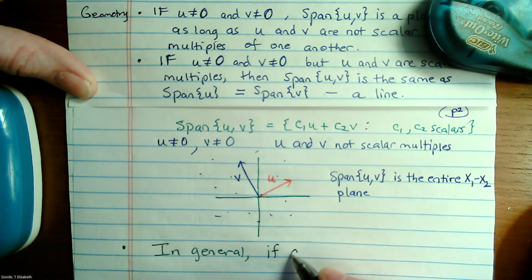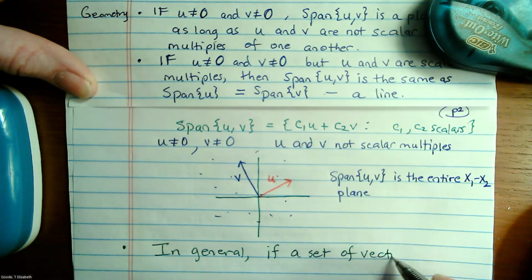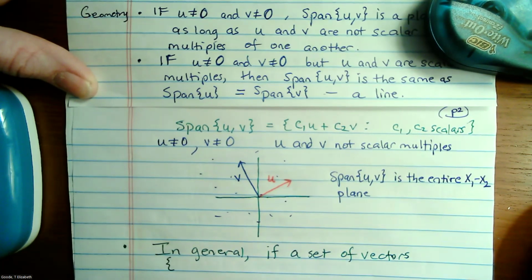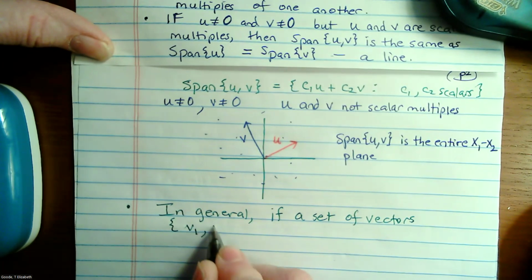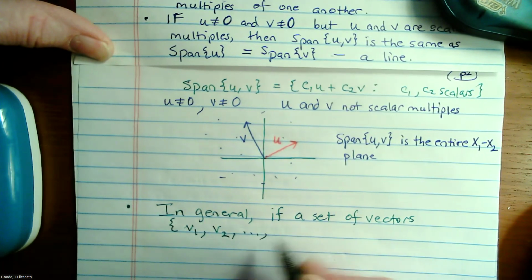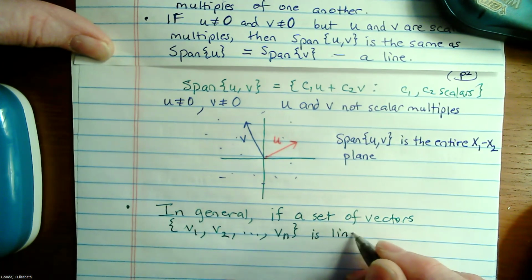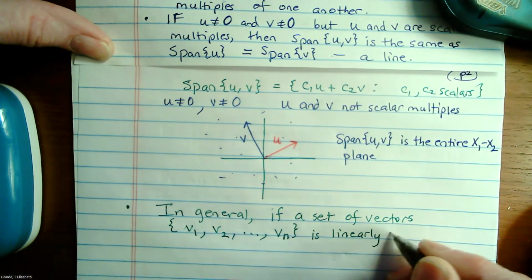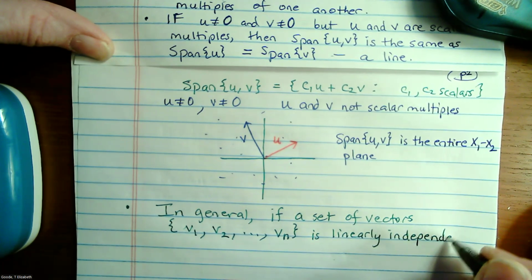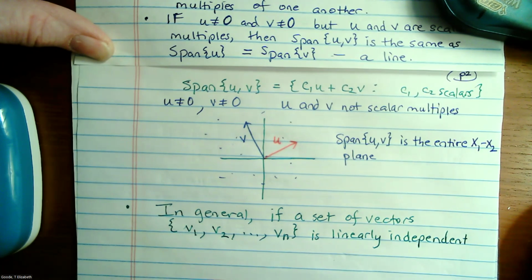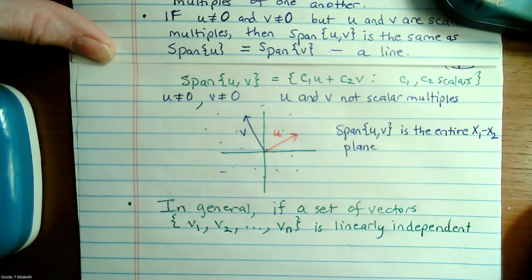if a set of vectors, let's just say we're going to call these vectors v1, v2, through v sub n, is linearly independent, that means you cannot build any of those vectors by using a linear combination of the other vectors.